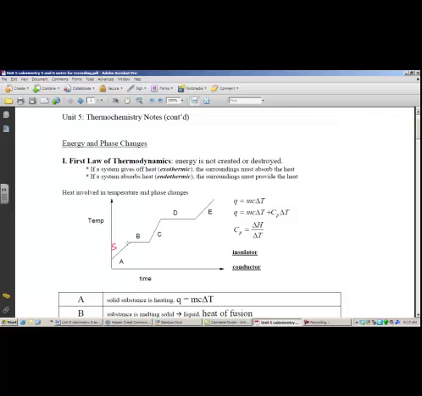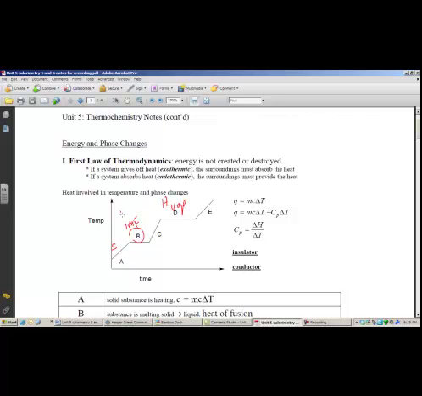Once those molecules are moving fast enough, we can actually apply energy in part B here to break the IMFs. And that energy is called the heat of fusion. Once we get those molecules into the liquid form, then we can heat those liquid molecules to where they're moving faster and faster until we get to this plateau D here, where then we're adding the heat of vaporization, which is again further bringing distance between the liquid molecules to form gas molecules.